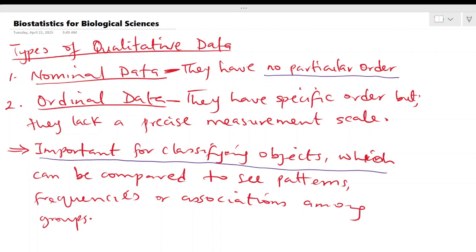Then we have ordinal data as one of the types of qualitative data. In these, they have specific order, but they do not have any precise measurement scale. So they lack a precise measurement scale. For example, under the ordinal data, we have a pain scale whereby you feel some form of pain, and the pain could be mild, moderate, and severe.